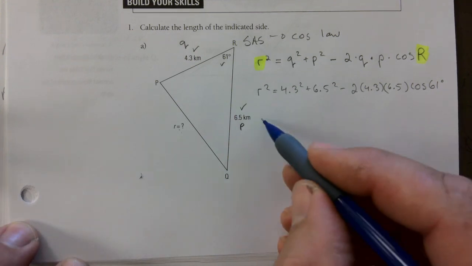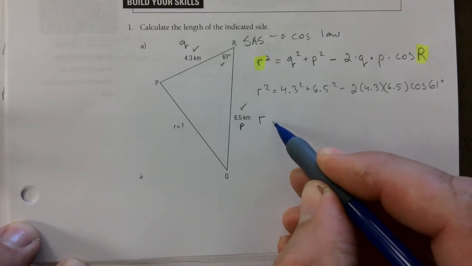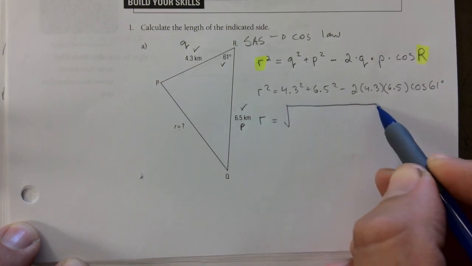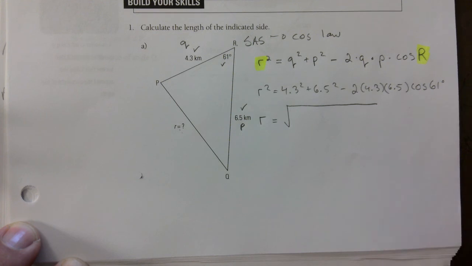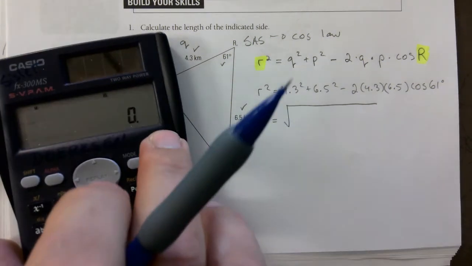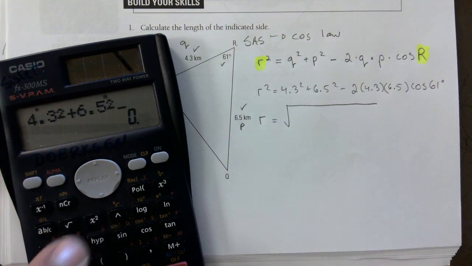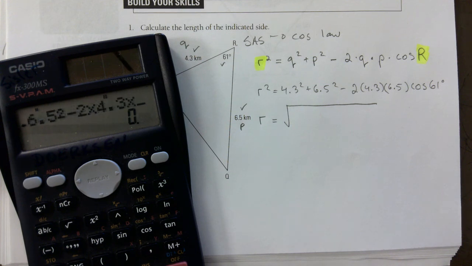And here's where having a good calculator is going to pay off. I'm going to go straight to square rooting and typing all this into my calculator. Okay? So 4.3 squared plus 6.5 squared minus 2 times 4.3 times 6.5 times cosine of 61.